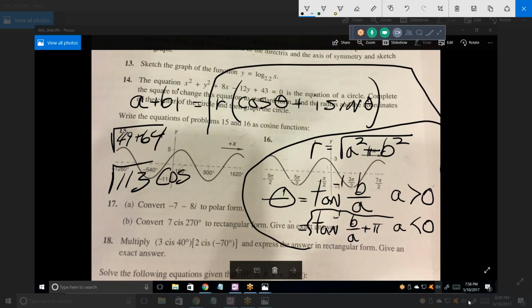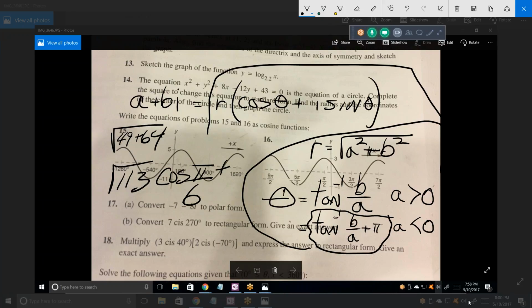So we need the inverse tan of minus 8 divided by minus 7, and then you're going to add pi to it. Whatever that angle is, it goes there. Not as a theta. Let's pretend that inverse tan of minus 8 over minus 7 plus pi is pi over 6.